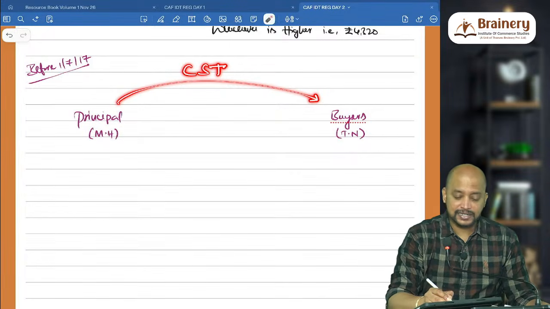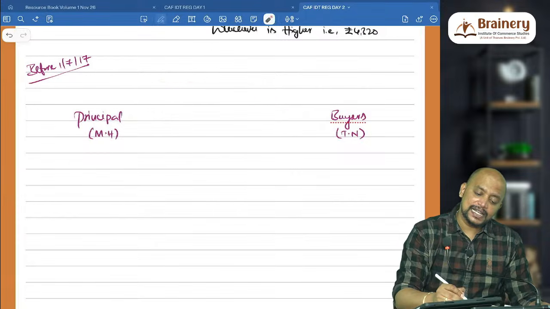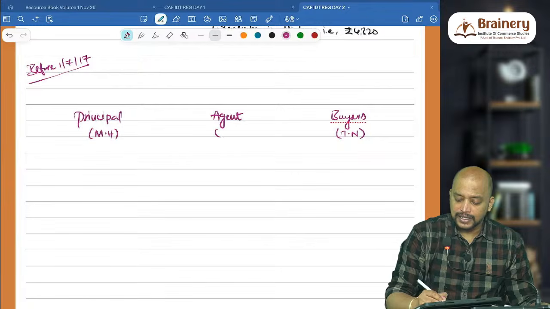They don't want to pay Central Sales Tax. So they created an agency model. Agent in Tamil Nadu.